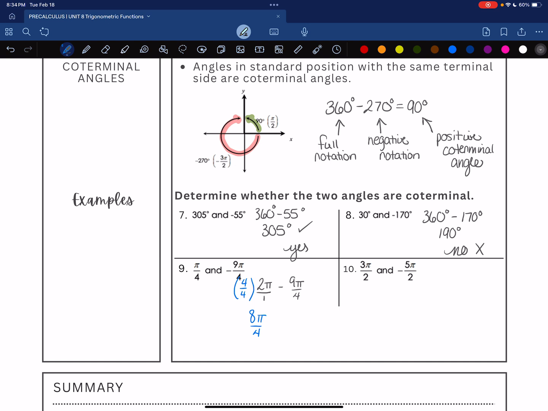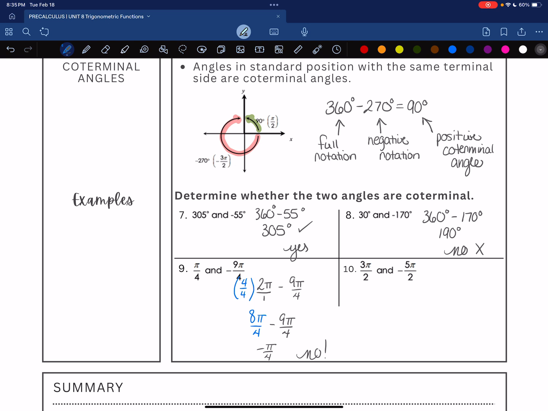Now if you take 8 pi and subtract 9 pi from it, how much does that leave you with? That leaves you with a negative pi over 4. So are these going to be coterminal? Is that matching? No, it's not. It seems close, but not quite.